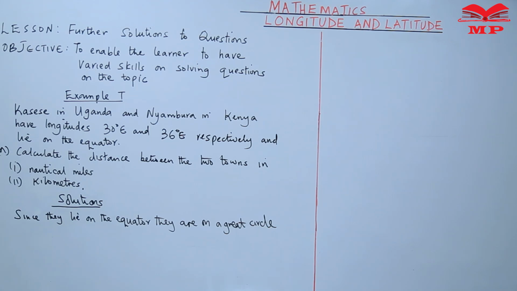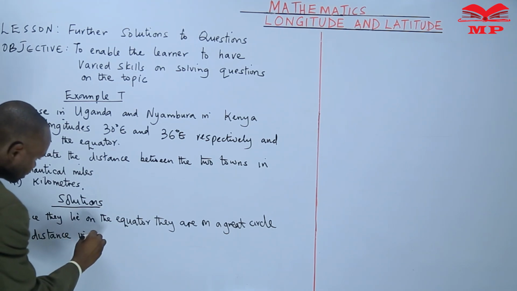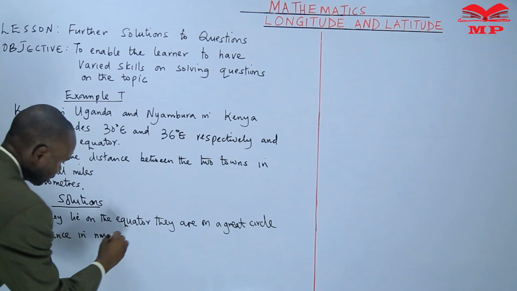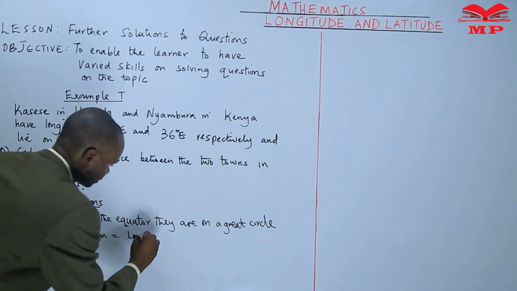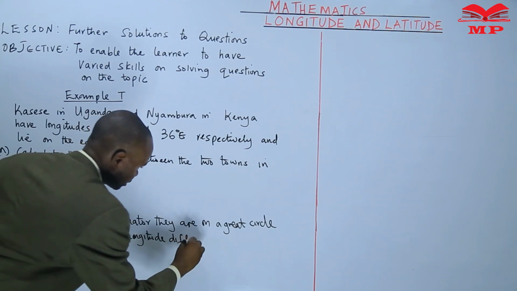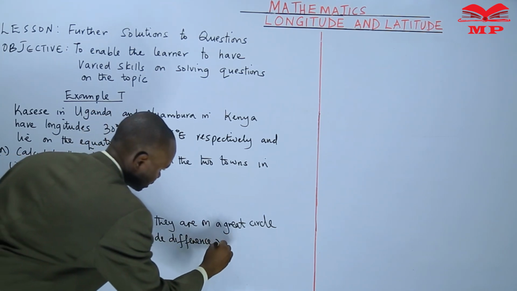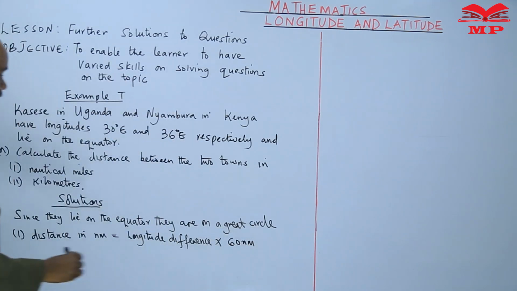So the distance in nautical miles will be equal to the longitude difference times 60 nautical miles.